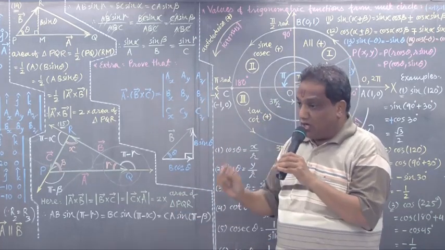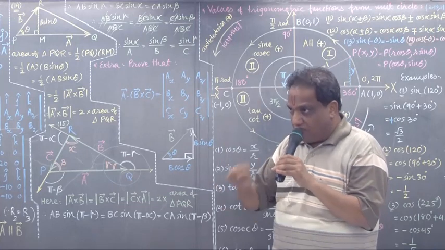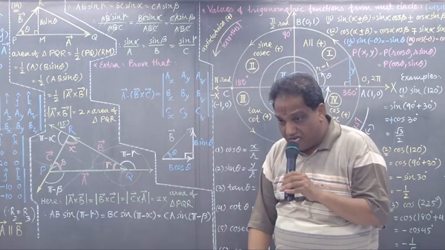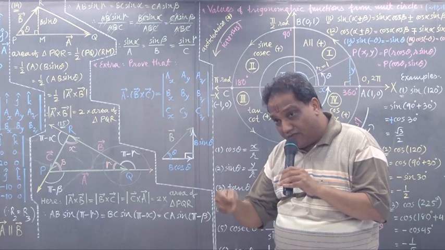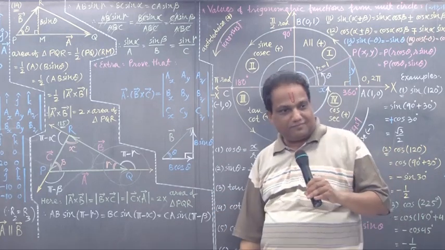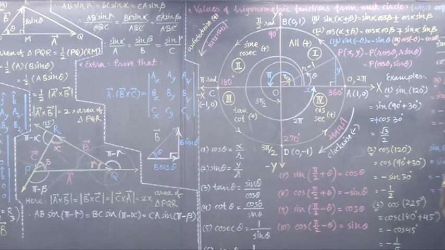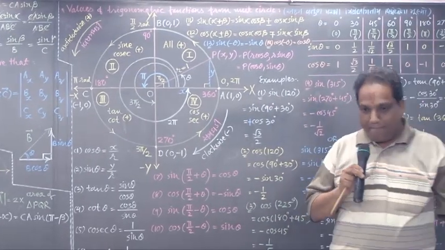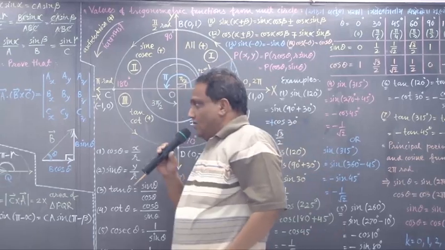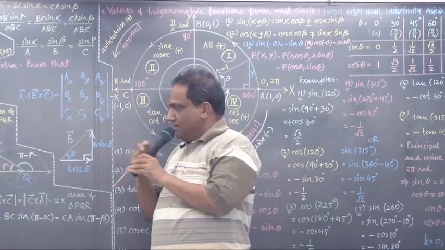This is known as the sine rule, sine rule for a triangle. Can you describe it in words? Sine rule in words. What are alpha, beta, gamma here?